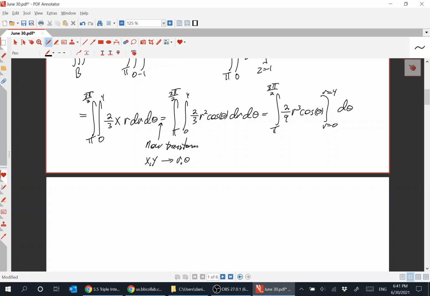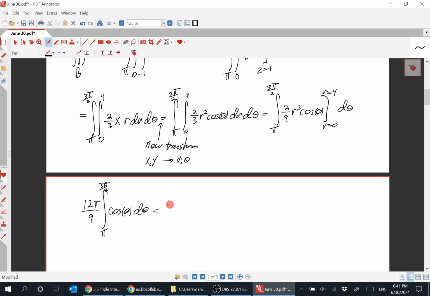So 4 to the third is 64, and at 0 it's 0. 64 times 2, 128. So we've got 128 over 9 integral from pi to 3 pi over 2 cosine of theta d theta.